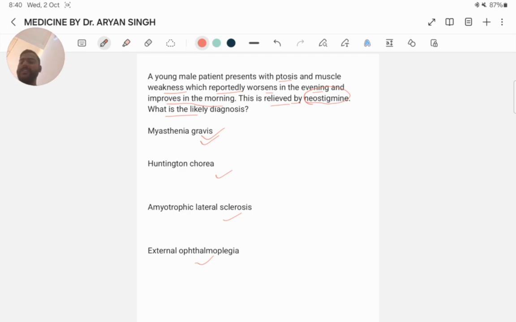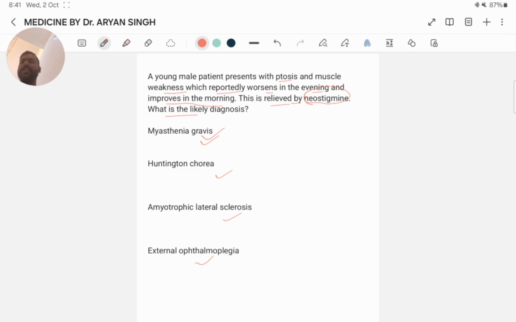voluntary muscle weakness and fatigue caused by antibodies that attack the neuromuscular junction. Ptosis is a common symptom, as is muscle weakness, which tends to worsen with activity and improve with rest.